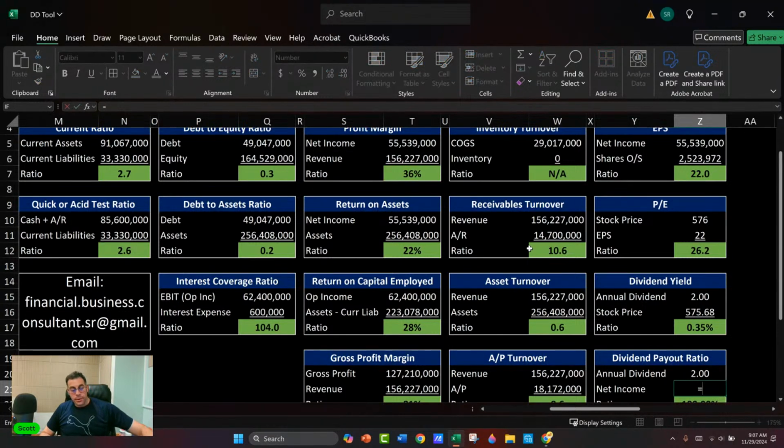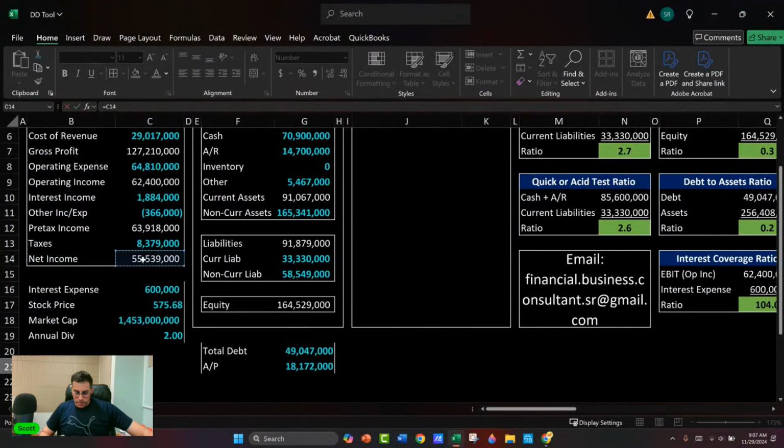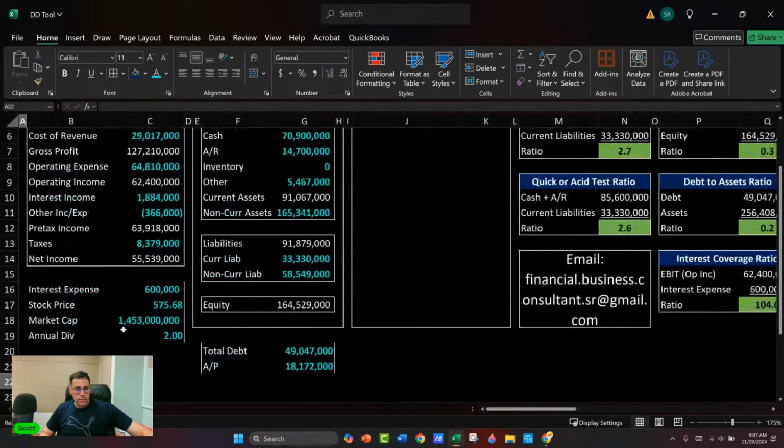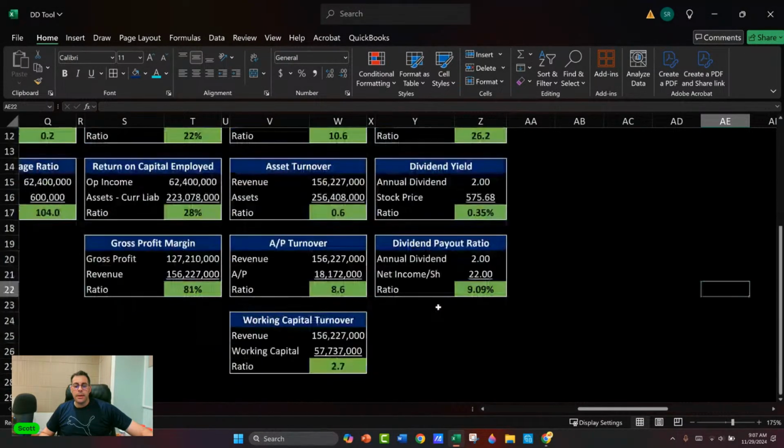So you want to do net income per share. That's good enough. So they pay out 9% of their net income.